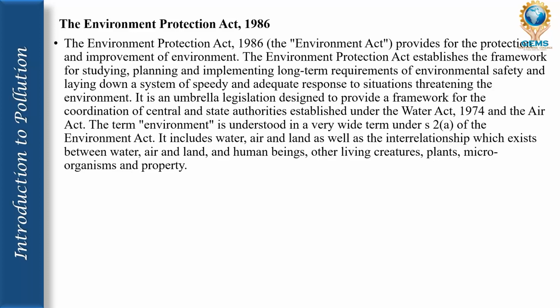The Environment Protection Act established the framework for studying, planning and implementing long-term requirements of environmental safety and laying down a system of speedy and adequate response to situations threatening the environment. It is an umbrella legislation designed to provide a framework for the coordination of central and state authorities established under the Water Act. So this is the Environment Protection Act, basically in order to safeguard the environment.